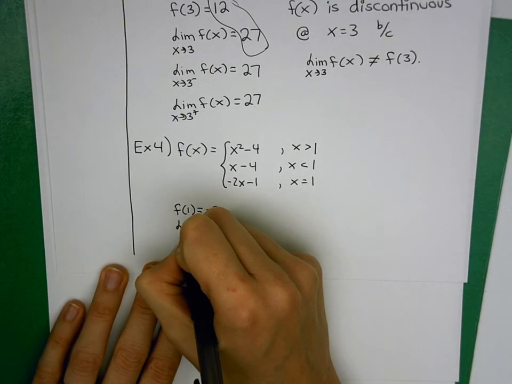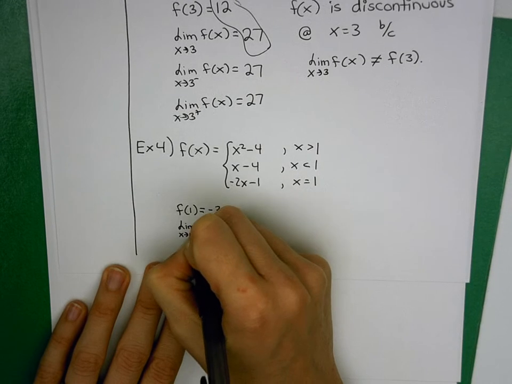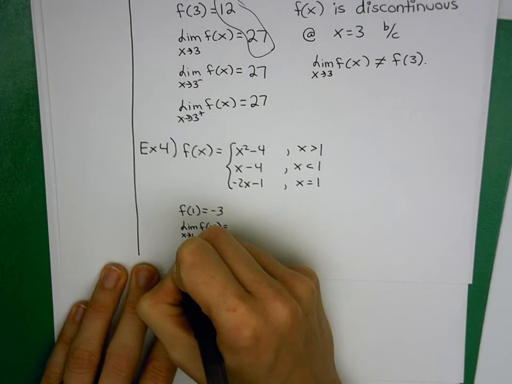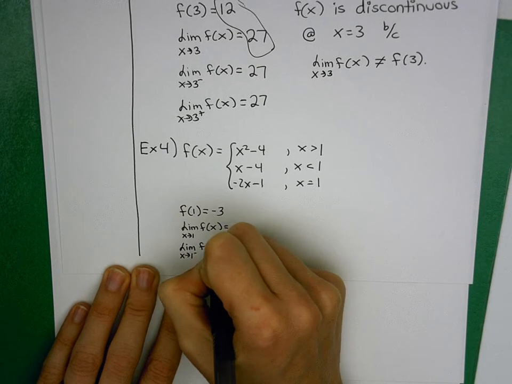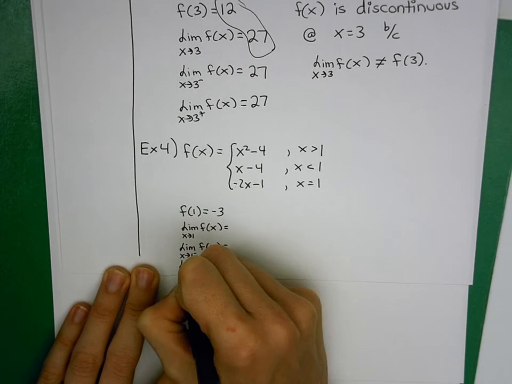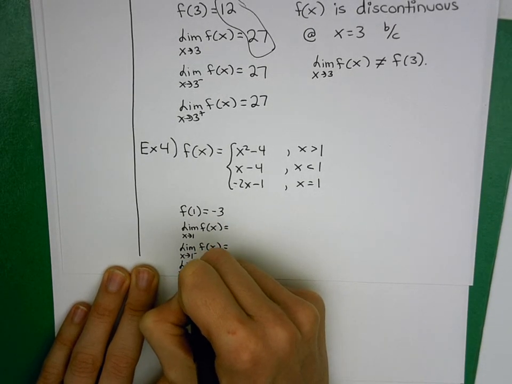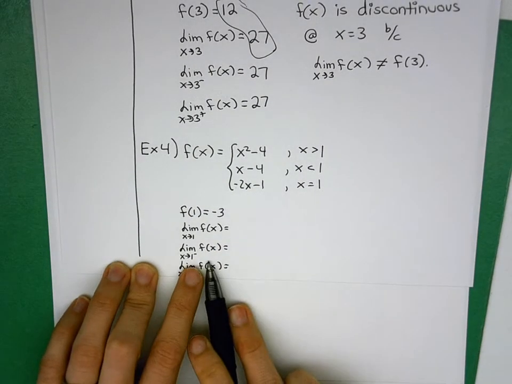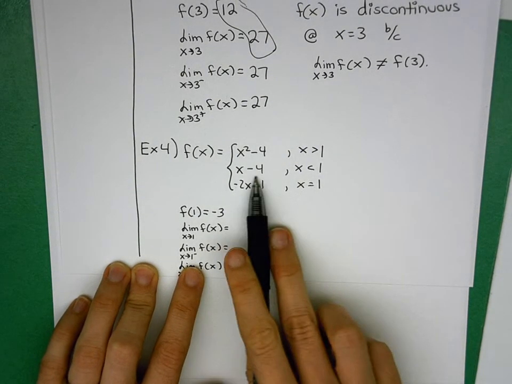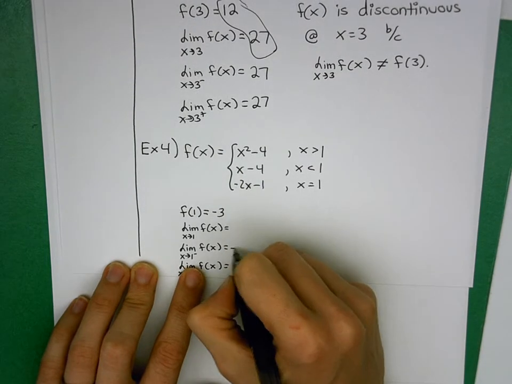Condition 2, do I have a limit? Which means I need to know left and right. Okay, well, 1 from the left is the middle function, x minus 4, or 1 minus 4, which is negative 3.